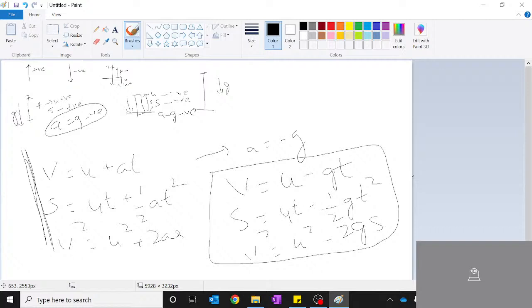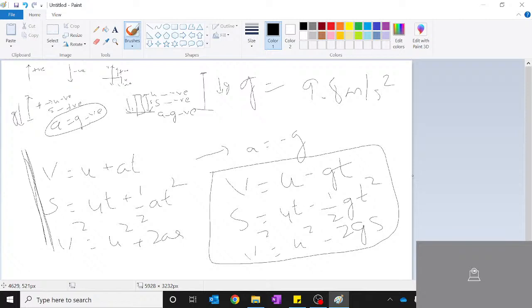Now, let's see a couple of problems, how exactly you apply the concepts that we have seen. And for your knowledge, the value of g is already defined. You will find it in most cases as 9.8 meter per second square.